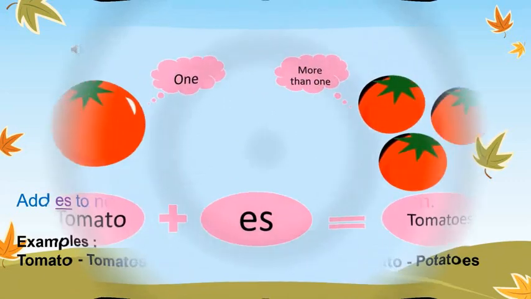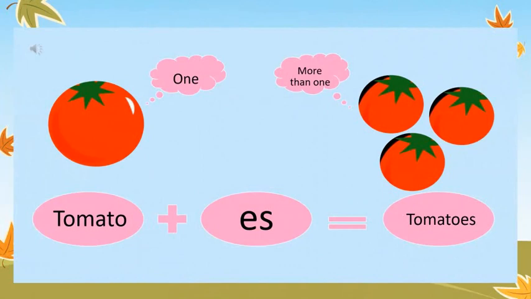So once more, I'll explain with one more example to you all. On the screen, can you see one tomato? Yes, tomato, right? And to make it plural, we have to add es to it, and it becomes tomatoes. Okay?